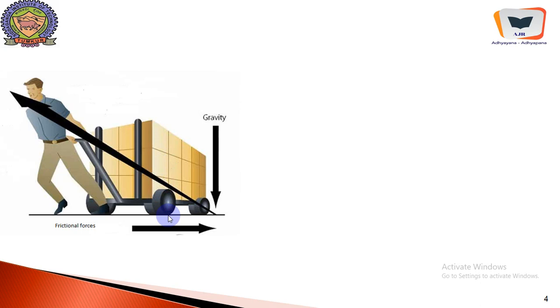At the contact surfaces with the tire, there will be 4 frictional forces, one here, one here, one here, one there, beneath all the wheels, tangential to these wheels, and it will be in a horizontal plane.